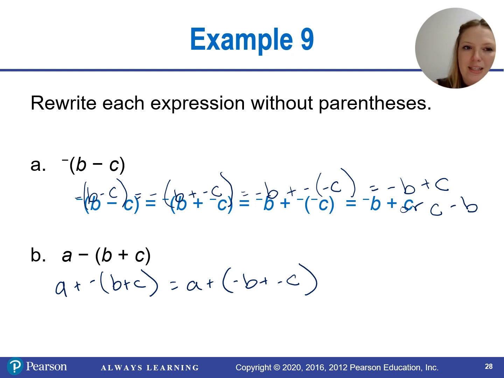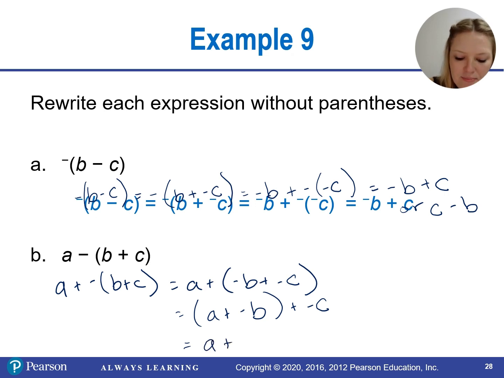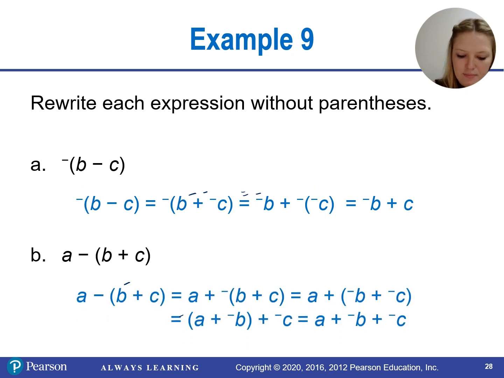And then I can use the associative property to regroup these and write a plus negative b plus negative c. Or, since I can just add from left to right if I don't have parentheses, I can rewrite it this way: a plus negative b plus negative c. And there it is.